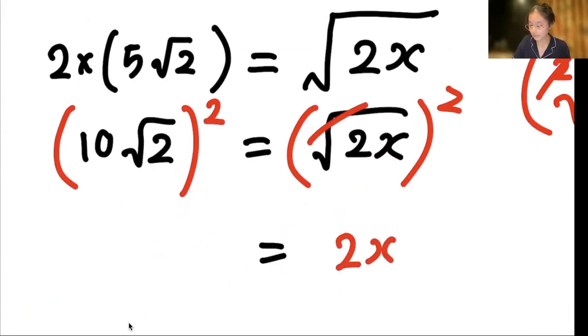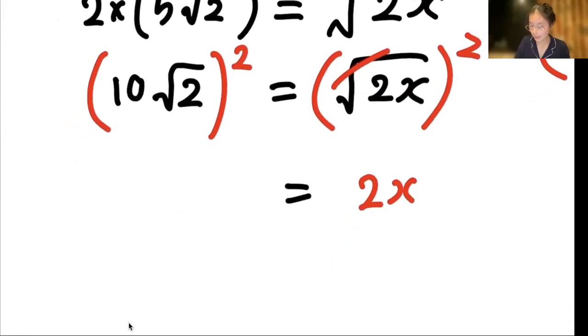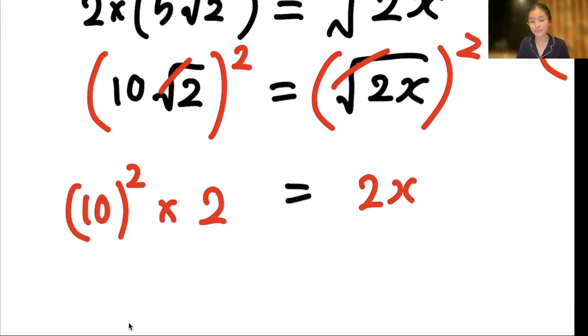And then on the left side, it's going to be a little bit tricky, but it is actually going to be 10 squared times, well, since this square root is going to be eliminated, it's going to be times 2, right?